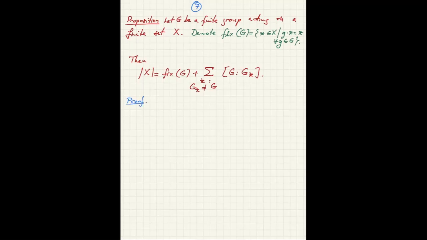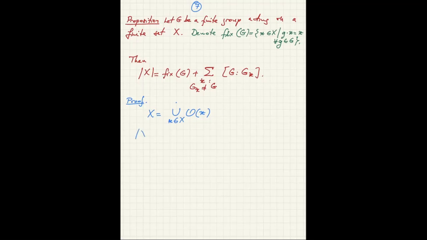So what's the meaning of this result? Where does it come from? Well, this result comes from the fact that X is a union over all elements x of the orbits of x. Because these orbits are equivalence classes, they partition the set into these orbits.